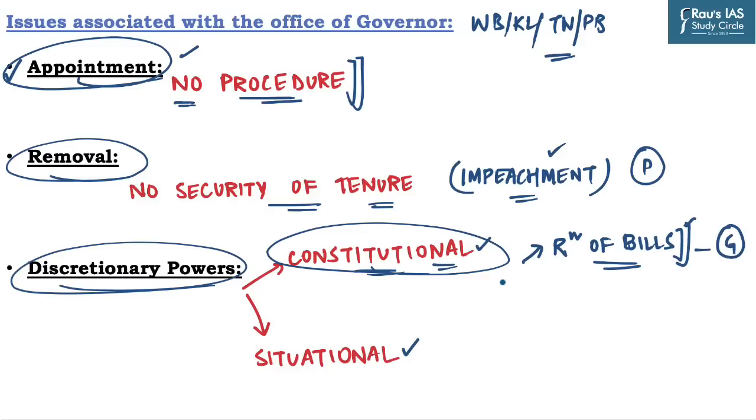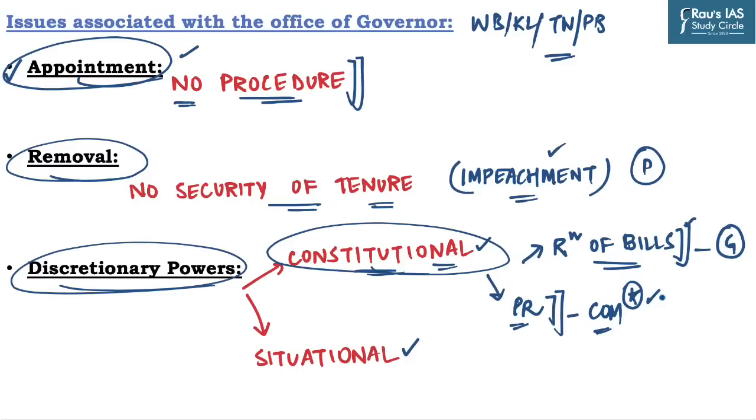And there is another constitutional discretionary power given to the governor, related to the recommendation of imposition of president's rule in that particular state. If president's rule is imposed in a state, the council of ministers will be dismissed and the functioning of the state government comes to a halt. It is an important issue of contention between the center and state governments and makes the role of governor controversial.